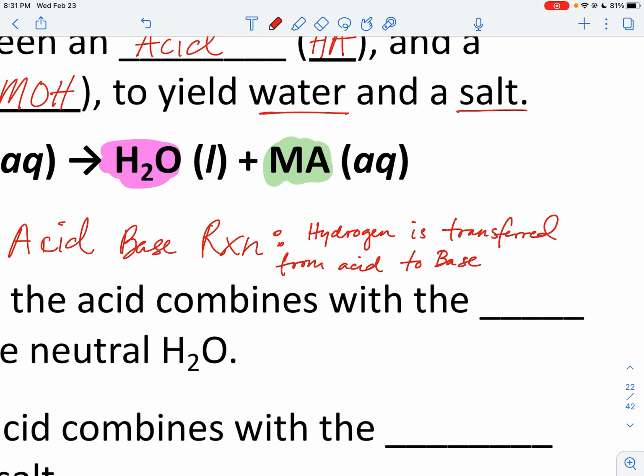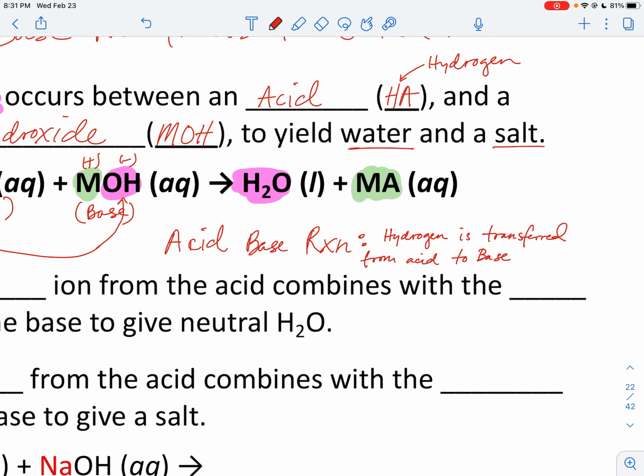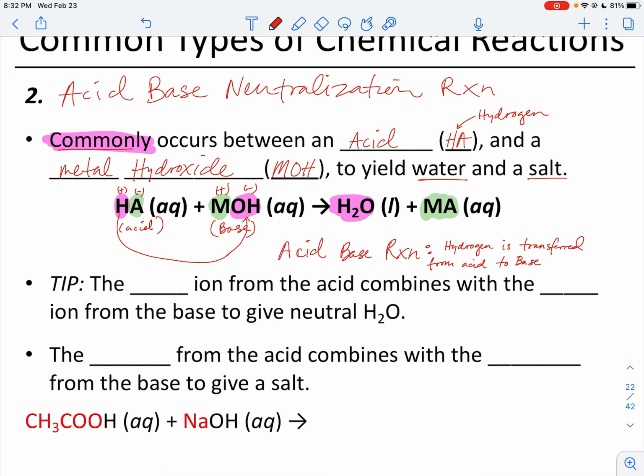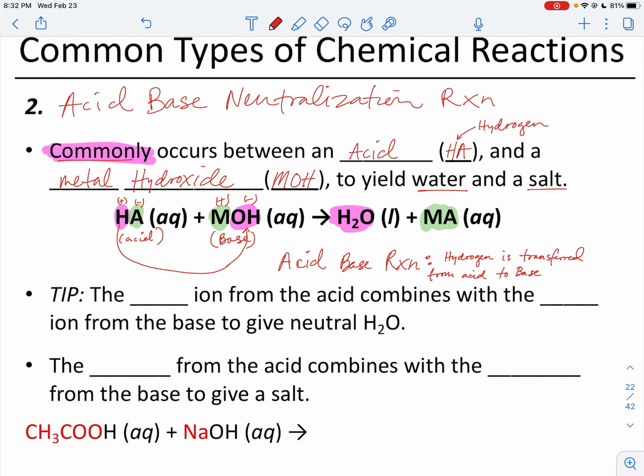It's just a reaction where hydrogen is being transferred, and in doing so, it neutralizes the acid and the base. We find commonly that acids have very corrosive properties. Bases can also be dangerous at high concentrations, and when these reactions happen and the neutralization occurs, you're creating very non-dangerous, safe products.